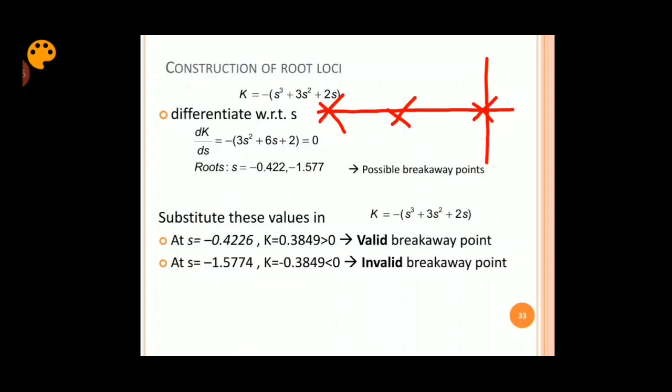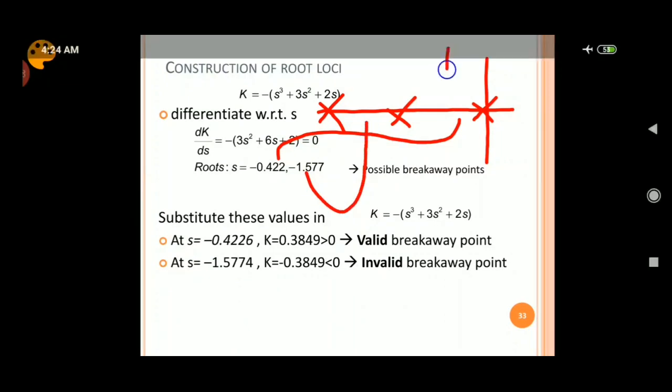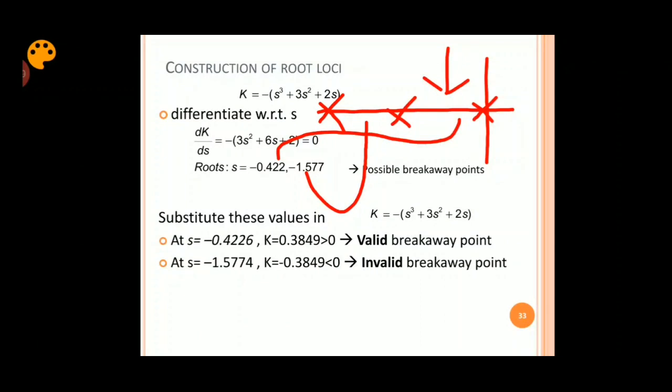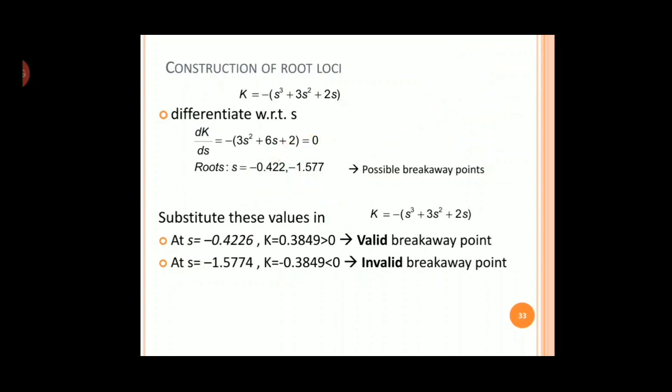Now this point minus 0.422 lies in this section, and minus 1.577 lies in this section, and as per our prediction, one breakaway point exists between 0 and minus 1. So clearly you can identify that the minus 0.422 is a valid breakaway point, but to ensure that, it is always good to go with the calculations.